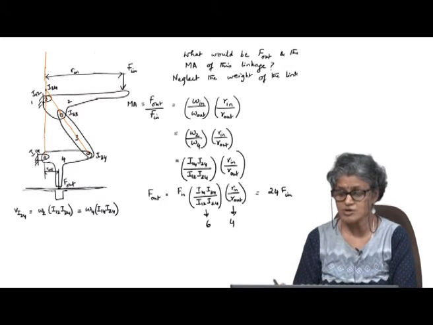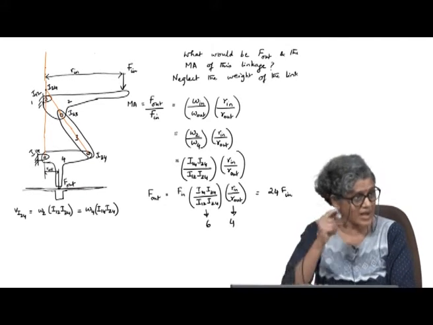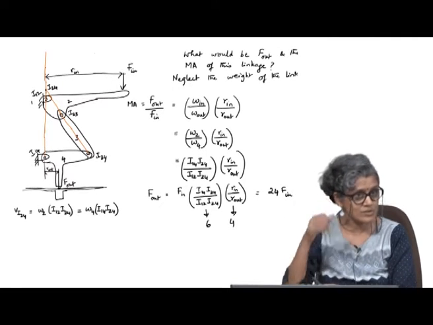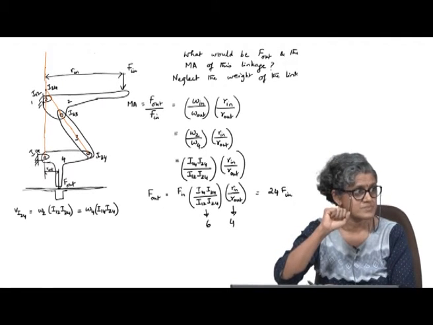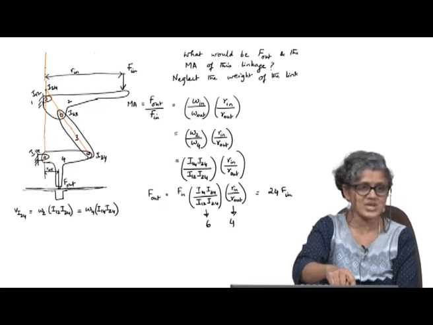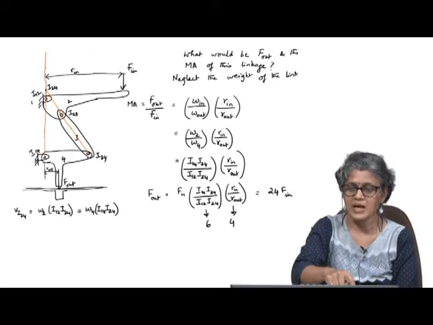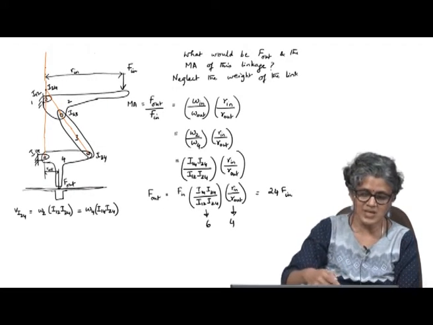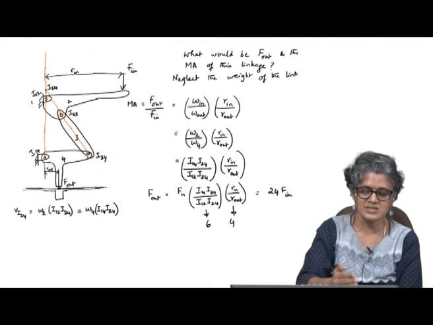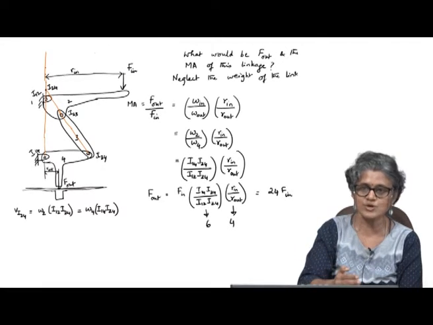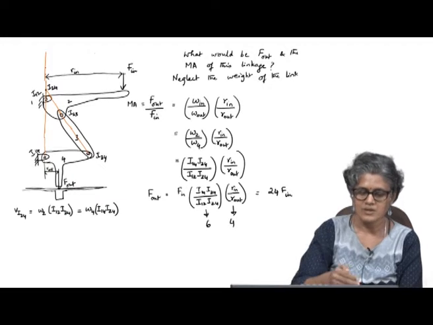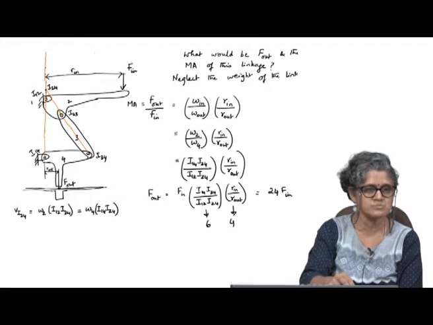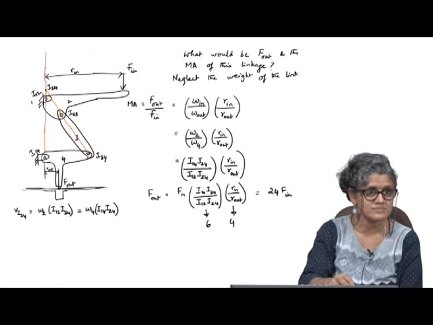Of course, it is not going to be the same at every point during the motion of the linkage, because the instant center changes. So here you see that as this moves, I23 moves closer to the line joining I12, this becomes smaller and smaller, and you get a high mechanical advantage.